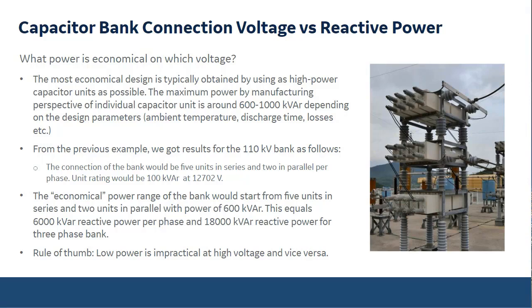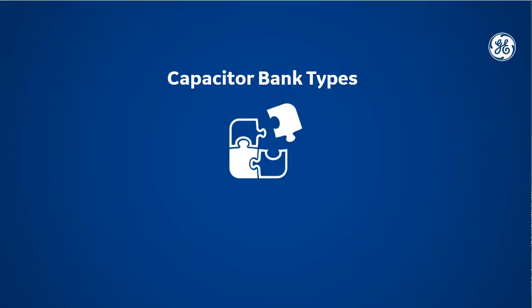So this was what I had here for defining the parameters of the capacitor banks. Then we go to the bank types, because of the harmonic assessment study that was made, we can now define what kind of capacitor bank types we will be using.